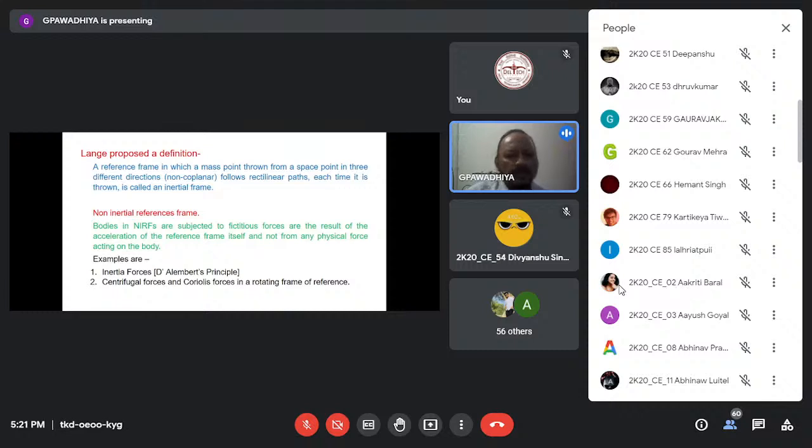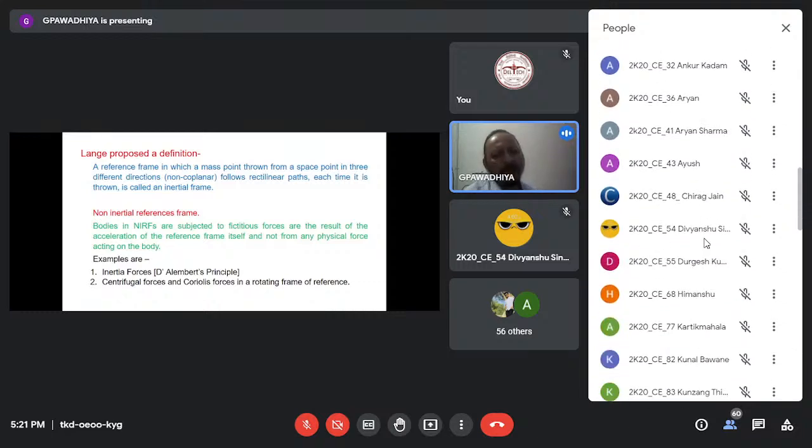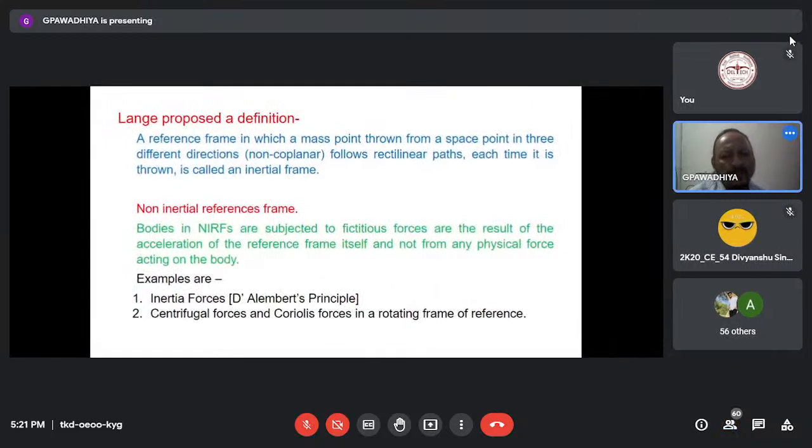The examples of non-inertial frames of reference were defined by D'Alembert's principle, that is the inertia forces, centrifugal forces, and Coriolis forces in a rotating frame of reference. So these are the examples of non-inertial frames of reference.